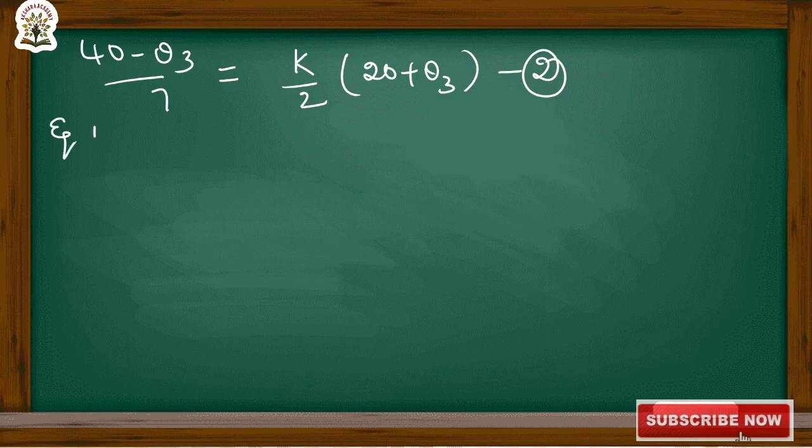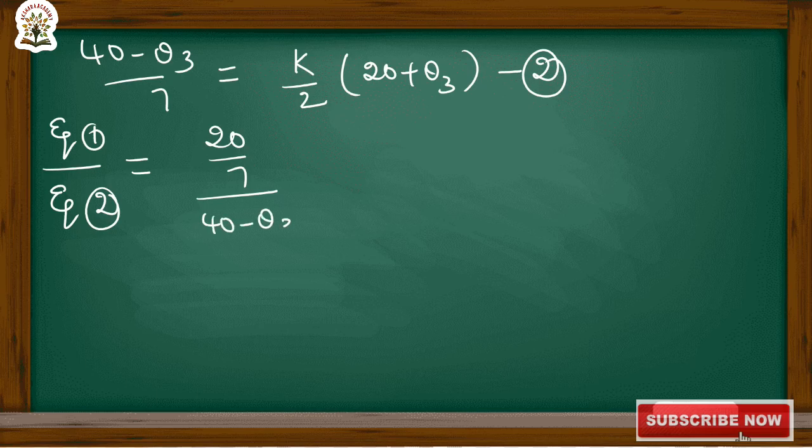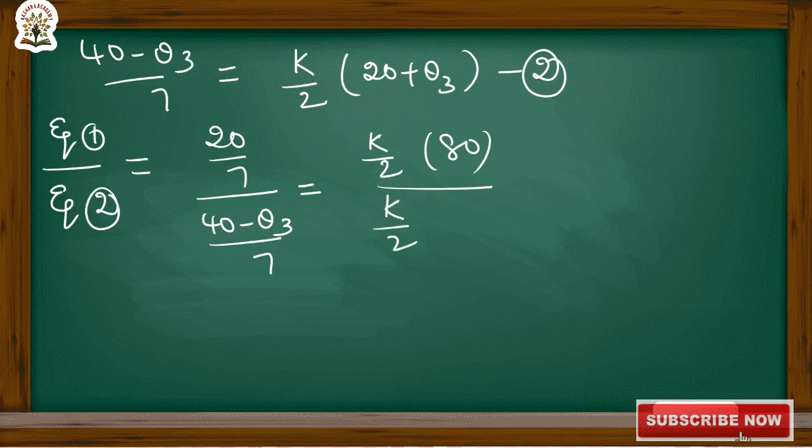Equation 1 by equation 2: 20 by 7 by (40 minus theta 3) by 7 is equal to k by 2 of 80 by k by 2 of 20 plus theta 3. K by 2 gets cancelled, 7 gets cancelled.